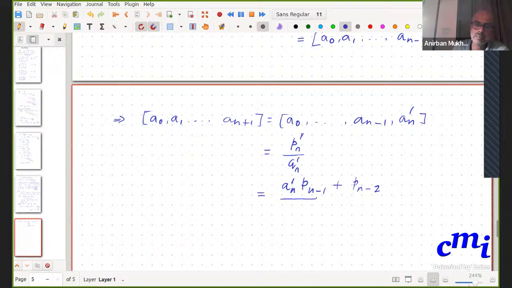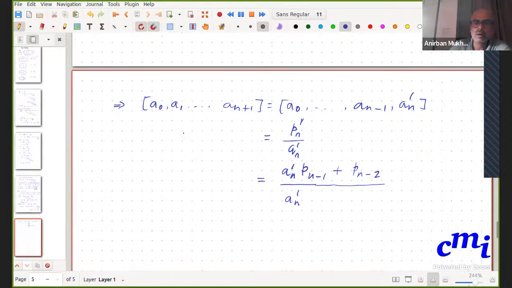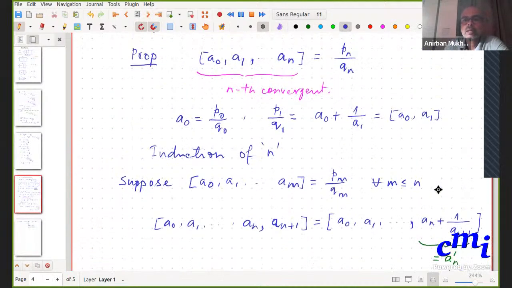So these pn minus 1 and pn minus 2 are the same ones that we have for the original continued fraction. Now an dash, again the same thing: qn minus 1 plus qn minus 2. Hope I'm writing this correctly.